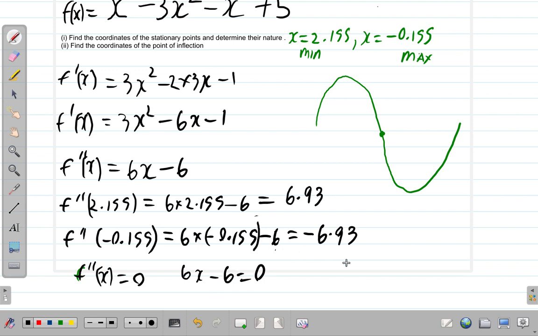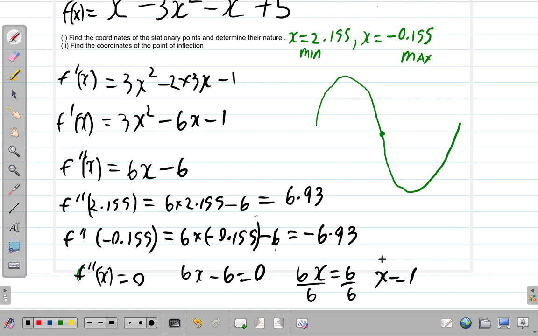Now when 6x minus 6 equals 0, what do you have happen? 6x is going to be equal to 6, and then you divide by 6. So x equals 1. Alright?